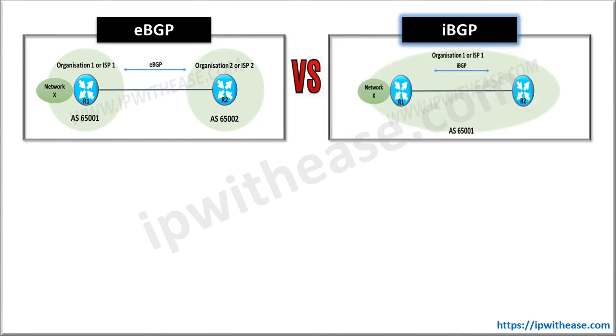In the second diagram, we can say that R1 and R2 are forming IBGP and they are part of either the same ISP or the same organization, that is AS65001.